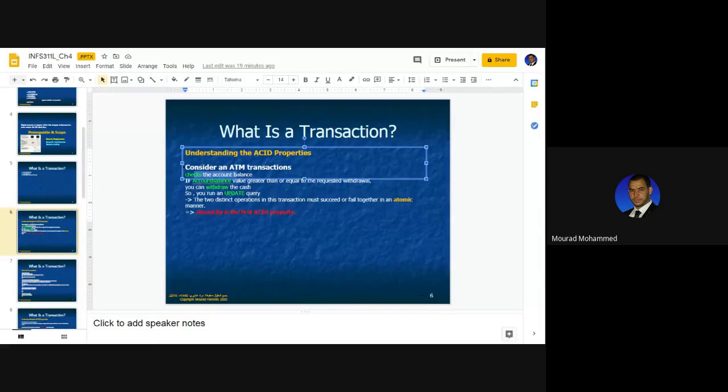So seeing those four tasks all together as just one process is an atomic approach to the transaction in question, which is the money withdrawal.